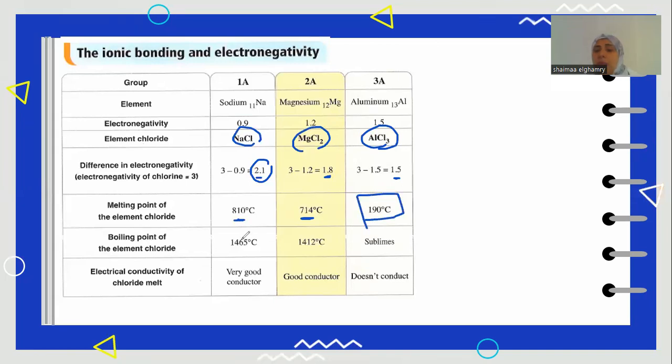And also the boiling point and the electric conductivity. By increasing the difference in electronegativity, the electric conductivity increases. So where the difference is high, we have a very good conductor, and magnesium chloride is a good conductor, but aluminum chloride doesn't conduct electricity because the difference in electronegativity is less than 1.7.